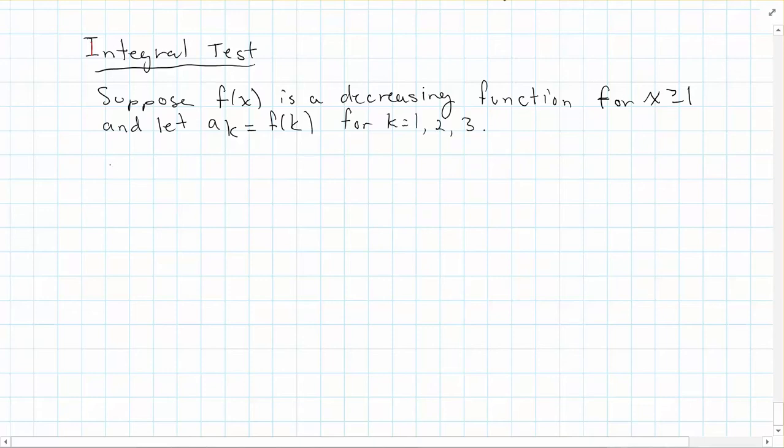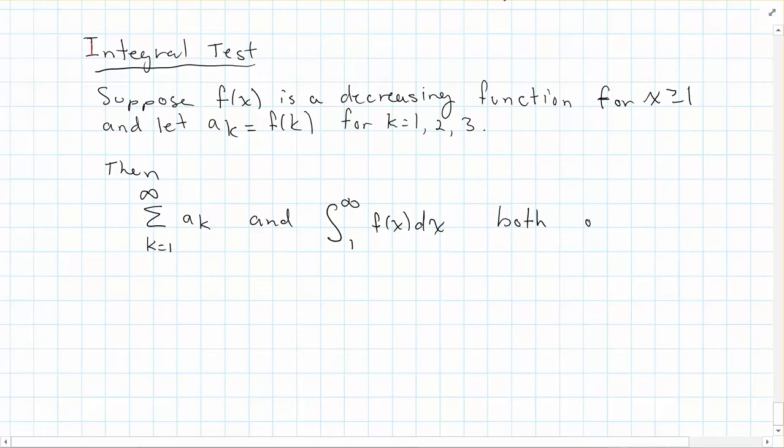Then the conclusion is that the series from k equals 1 to infinity and the improper integral from 1 to infinity both converge or diverge.